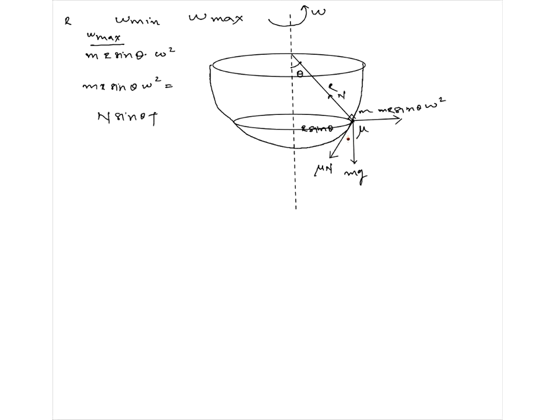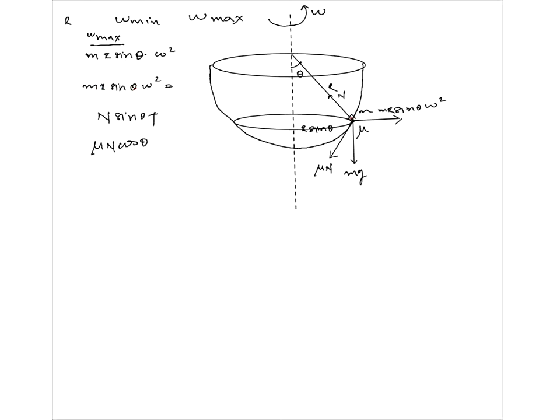Yes, it should be 90 minus theta. This is 90 minus theta, right. So cos theta will come then. Mu n cos theta here. These two will jointly balance this fellow.